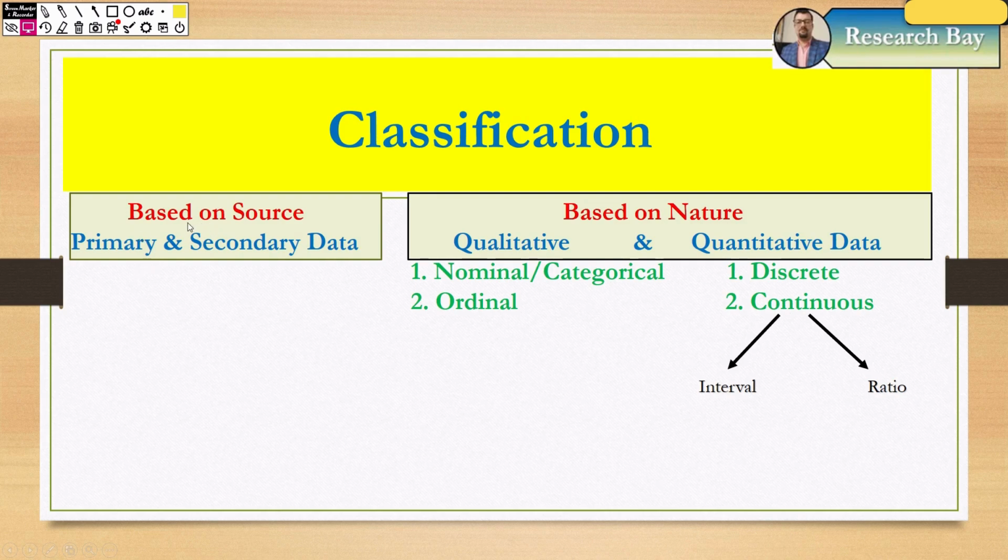In case you have data which has been previously collected by researchers, scholars, academicians, or governmental institutes, you can take their permission and use their data for your study. You can also obtain secondary data from already published articles, books, and journals.